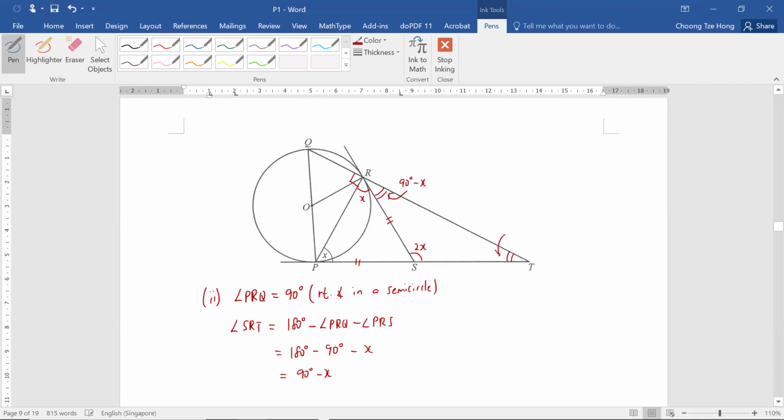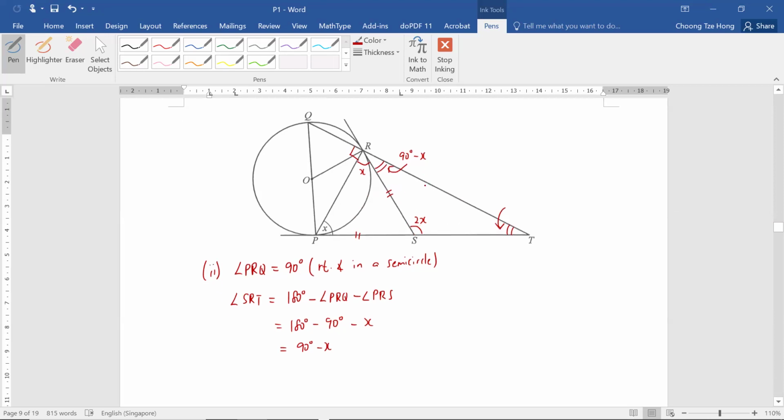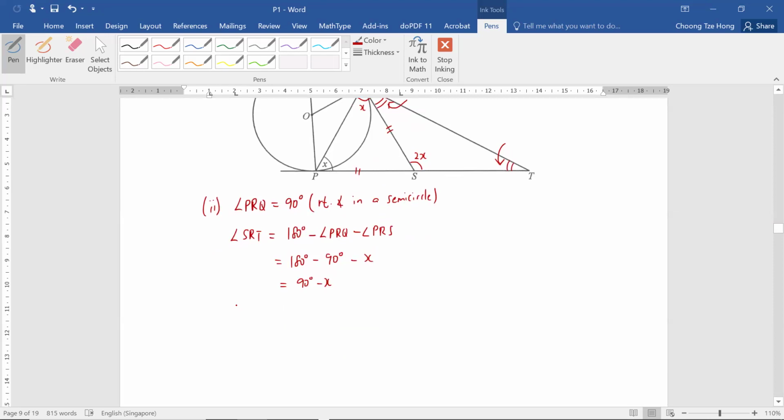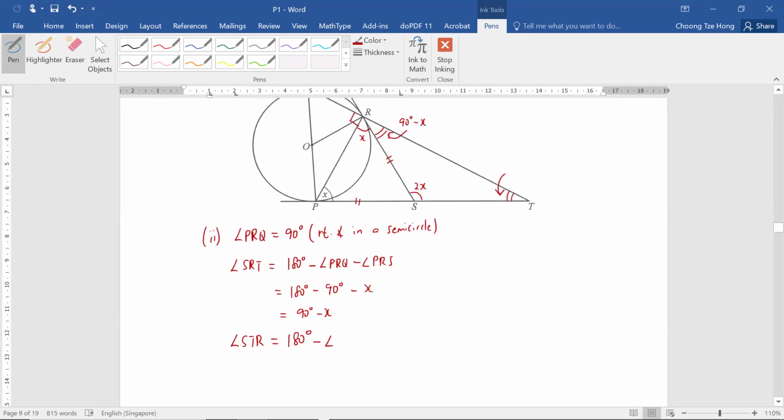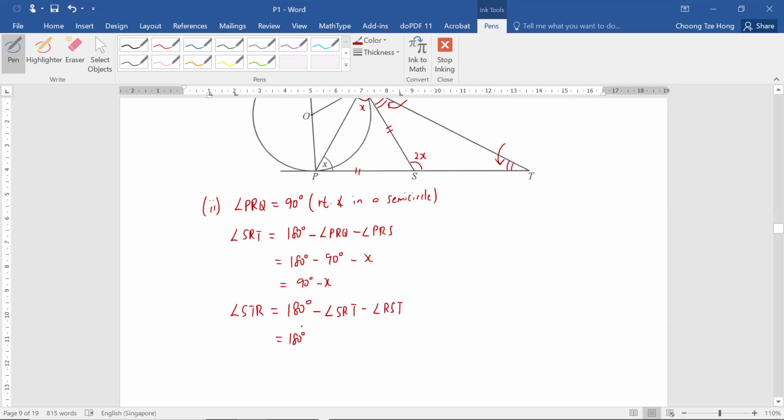So all we need to do is find this angle over here, which can be found easily by taking 180 minus the other two angles in the triangle. So angle STR will be 180 minus angle SRT minus angle RST, by angle sum of triangle.